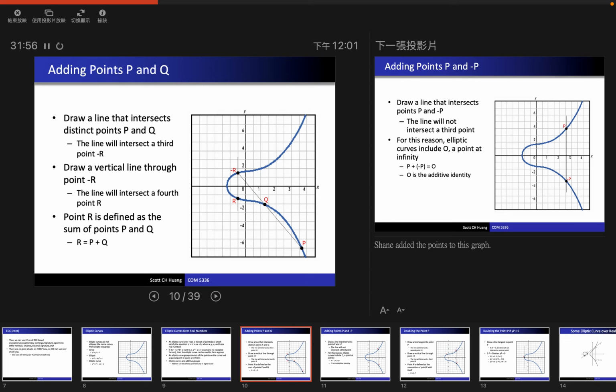So this is P plus Q. And then you draw with another R, and that's another point. I didn't draw it very well. Anyway, maybe this is P plus Q plus R.